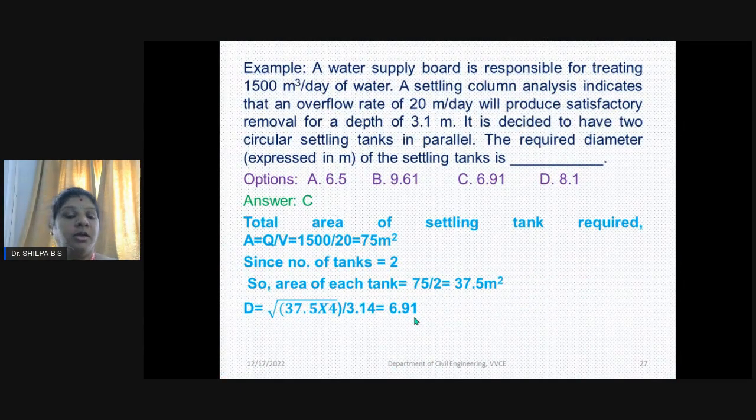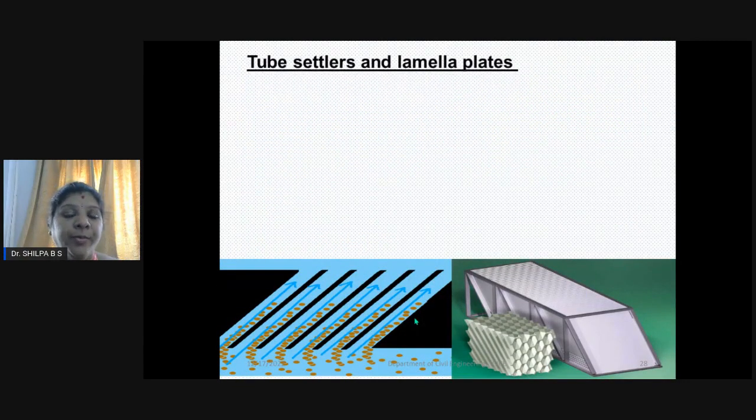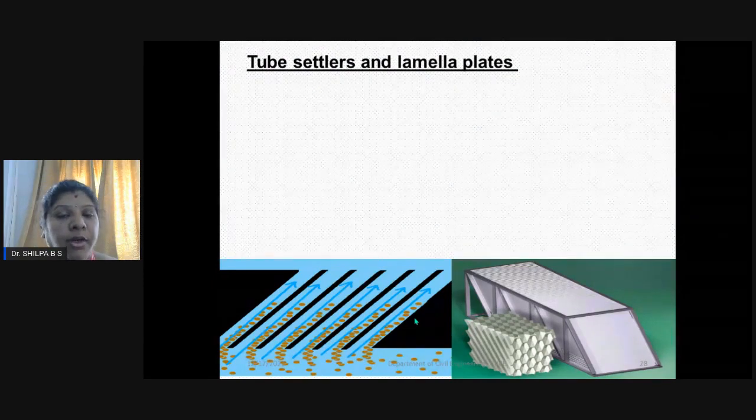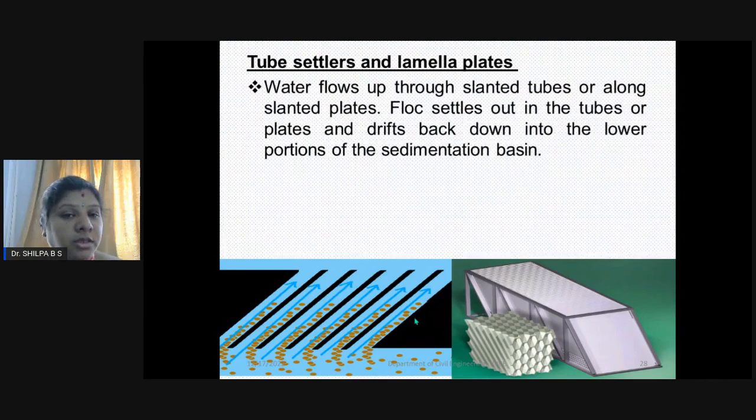Okay. Next. Here in the sedimentation tank, to increase the efficiency of the sedimentation tank or to reduce the detention time, another technique that has been adopted is providing the tube settlers or the laminar plates in the sedimentation tank. So in this, what happens?